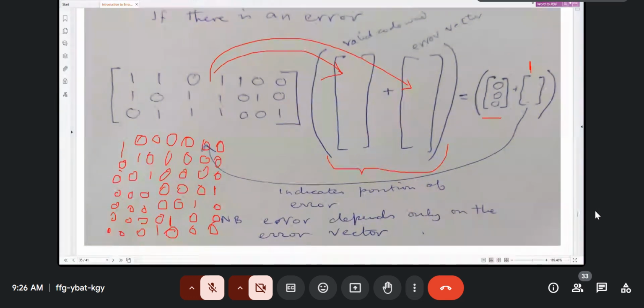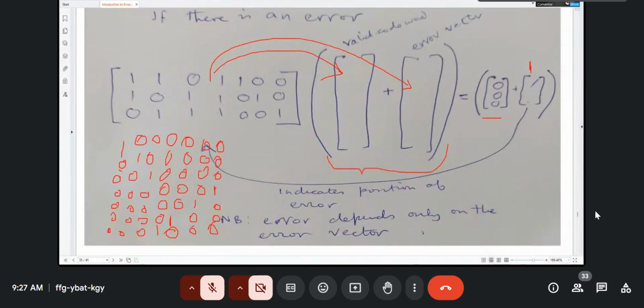So what we are saying is, since this is 0, your syndrome depends only on the error vector.